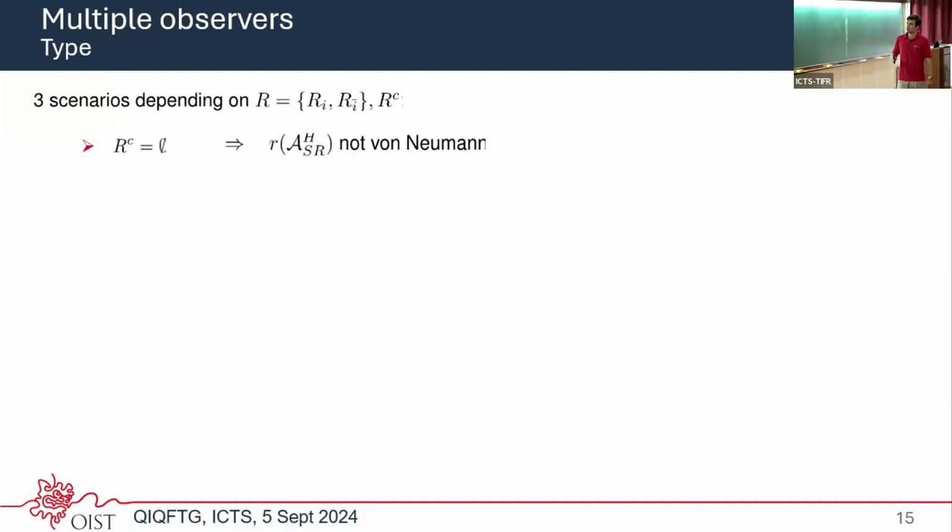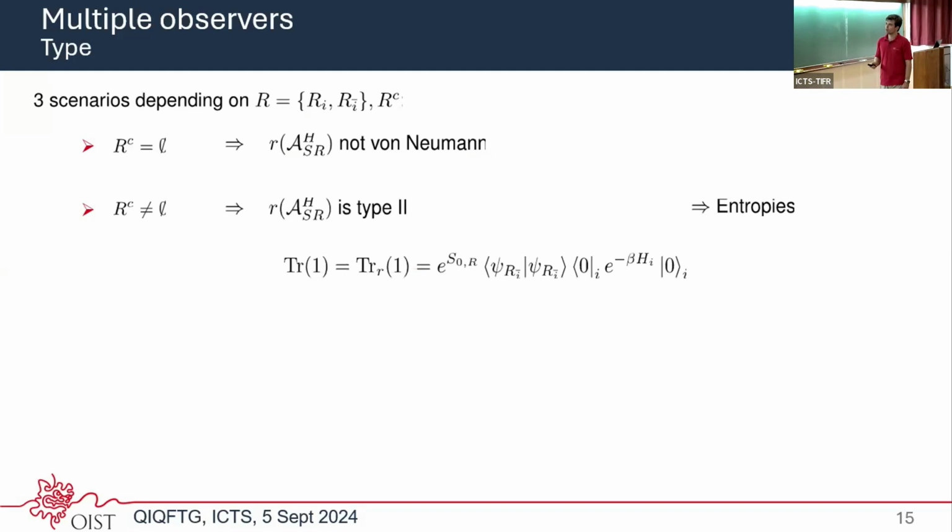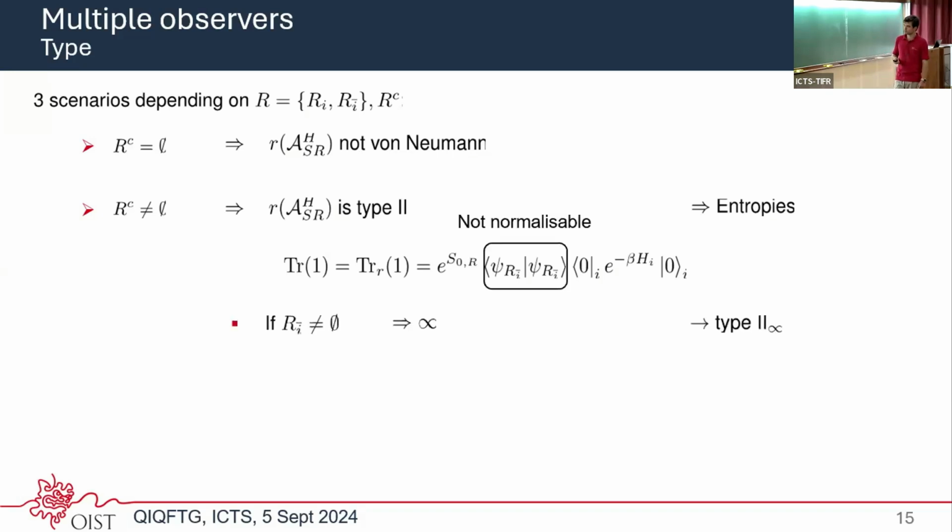Now, as far as the type of the algebra goes, we already commented that you need at least one clock, which you do not consider in your algebra, for it to be properly von Neumann. But even if the algebra is of type II, there's also a classification between type II_1 and type II_infinity. And that's given by looking at the trace of the identity.